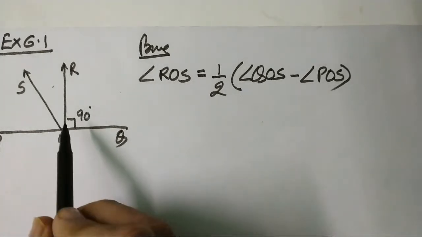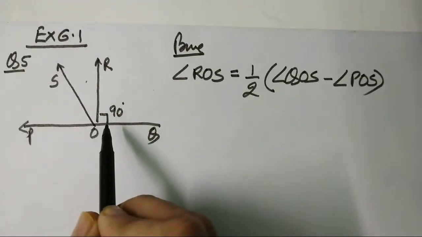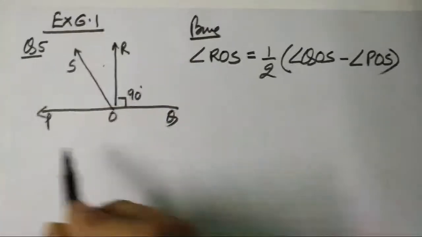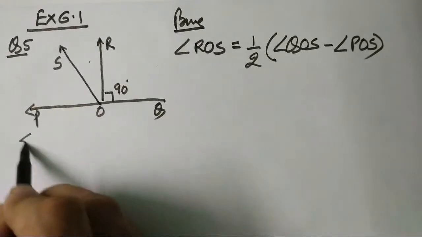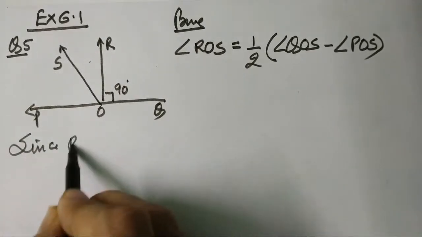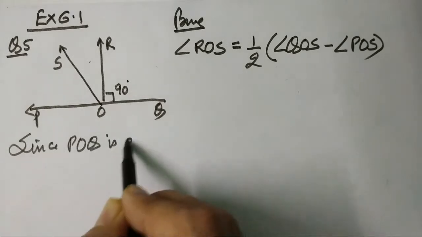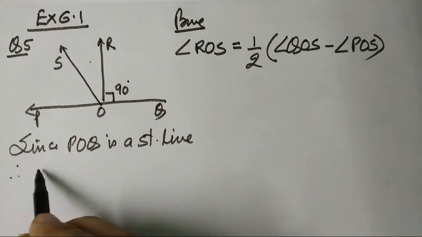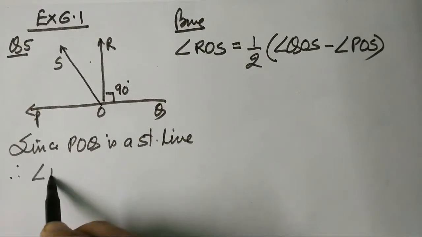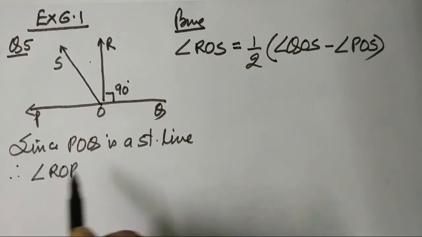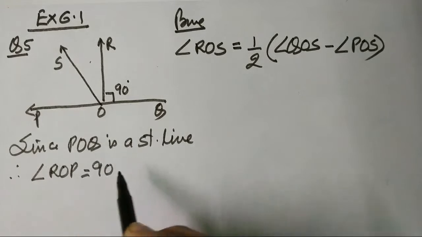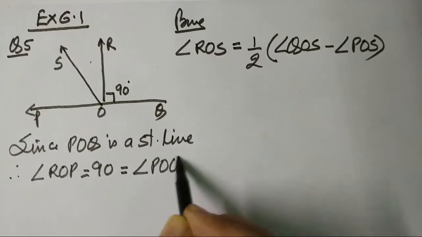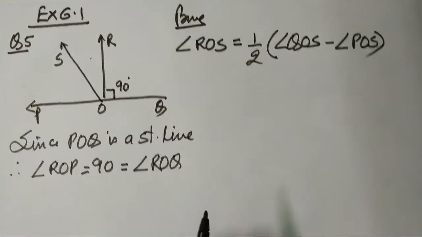Now according to this question, since this angle is 90 and this is a straight line, I can write that since POQ is a straight line, it is given in the question, therefore angle ROP is 90 and also angle ROQ is 90.